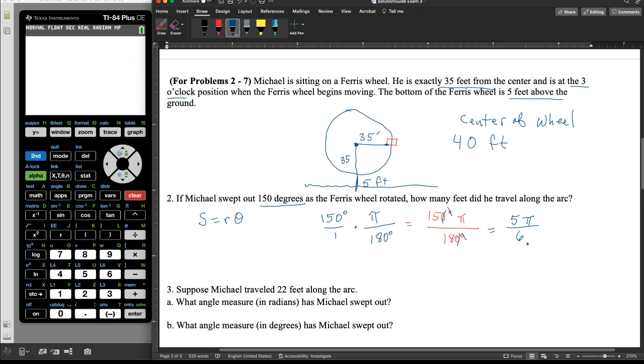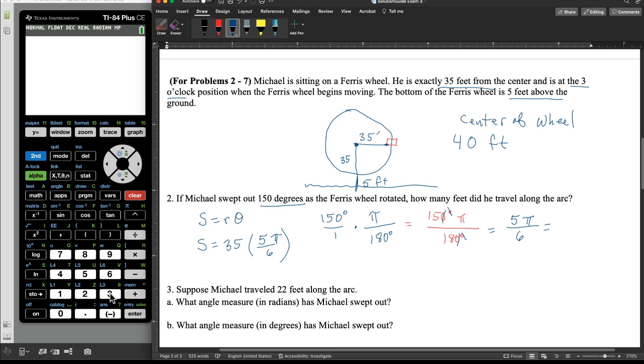You could also do it in terms of a decimal, but a decimal is going to get rounded, so this will be more accurate. So the distance, the arc length, is the radius, 35 feet, times theta in radians, 5 pi over 6.